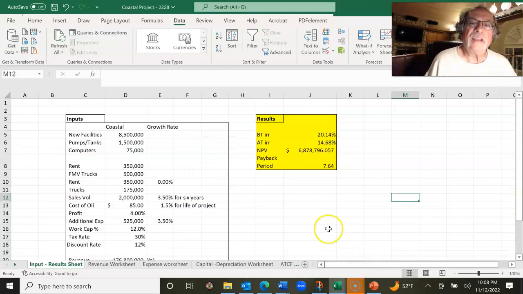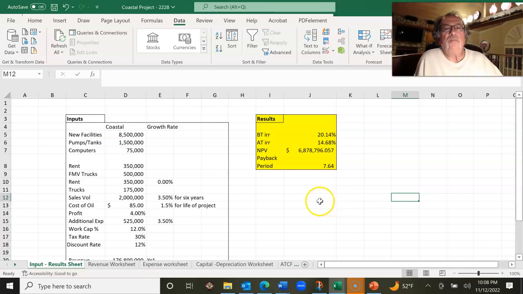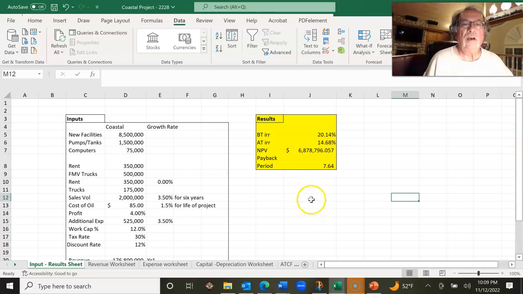Well, let's look at, and you could potentially have at this point in time a before tax internal rate of return calculation. But let's say my performance variable is my net present value calculation. Okay, so I want to see how this varies with the tax rate.